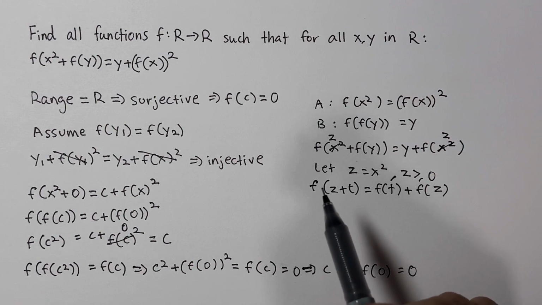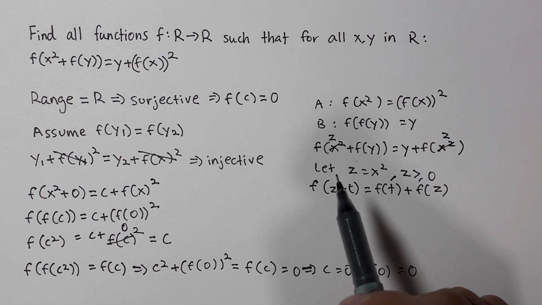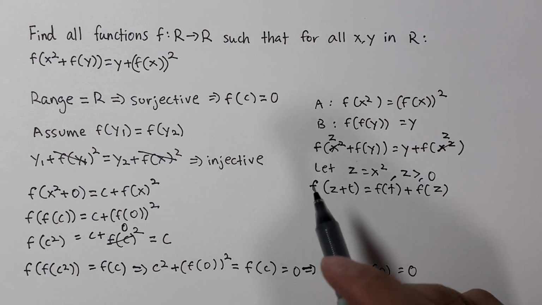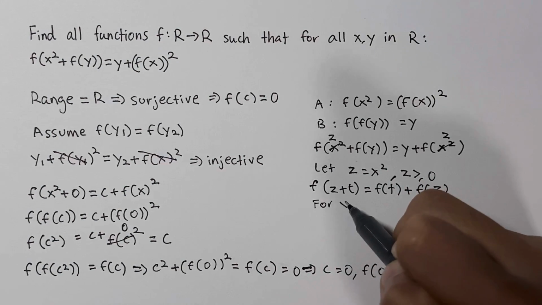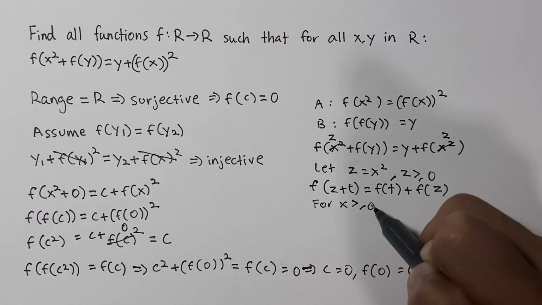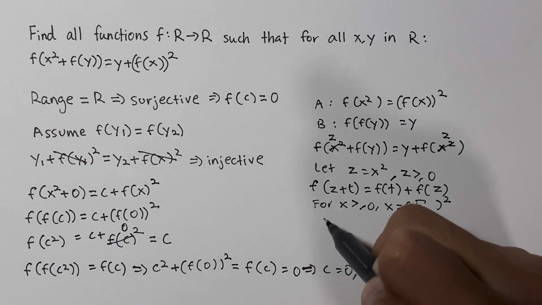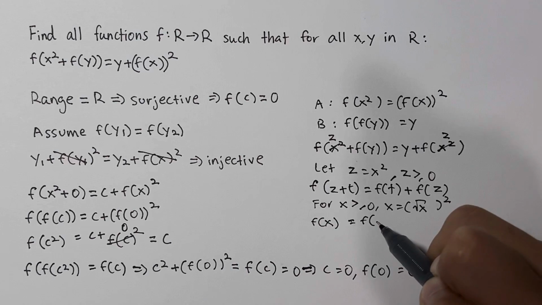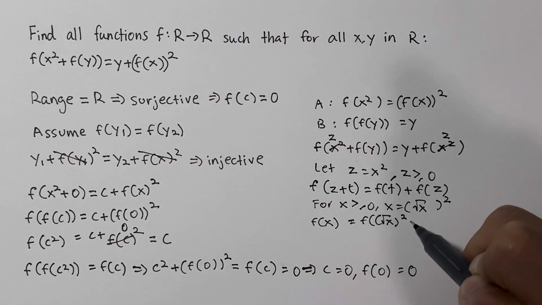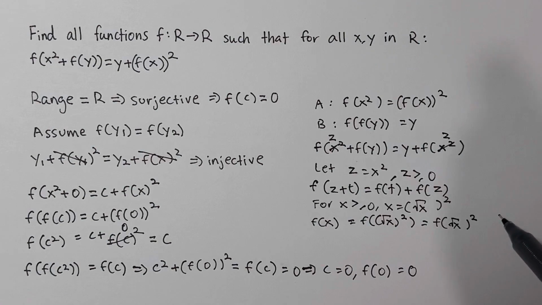Now, the solutions to Cauchy's equation can be very strange, but this extra condition constrains f significantly. For any x greater than or equal to 0, we can write x equals the square root of x squared, so f(x) equals f(√x)² which is greater than or equal to 0.